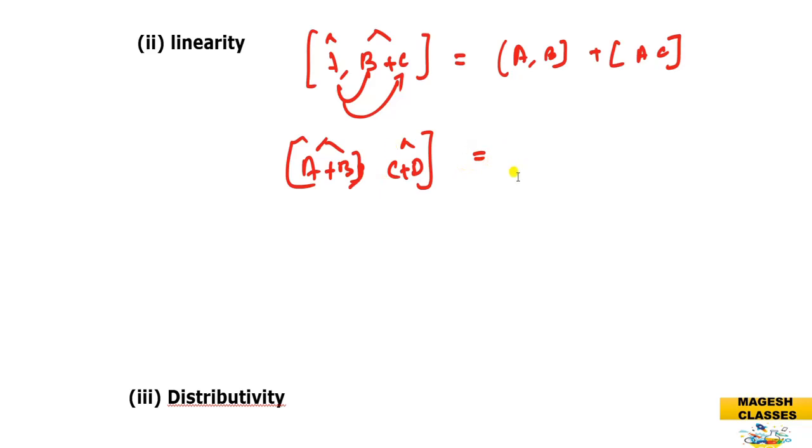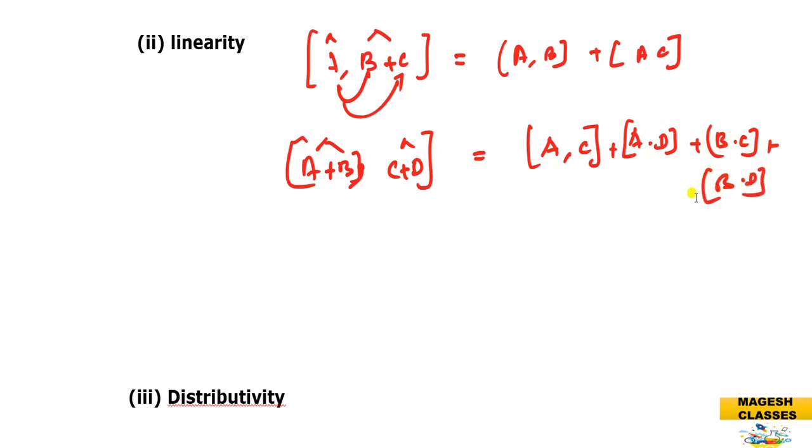So this is equal to, in linear character, A with the C plus A with the D, then plus B with the C plus D with the D. So this property is linearity in nature.